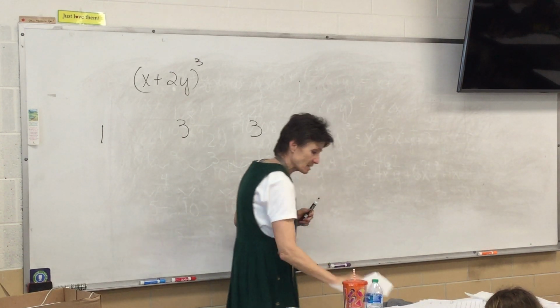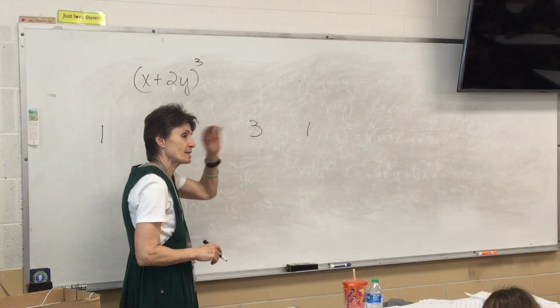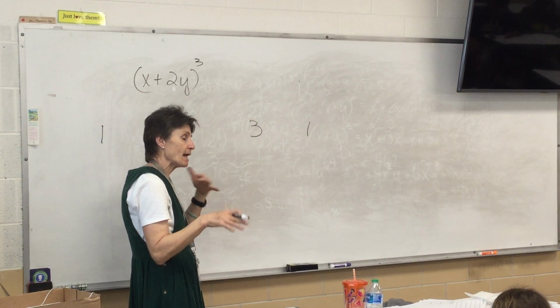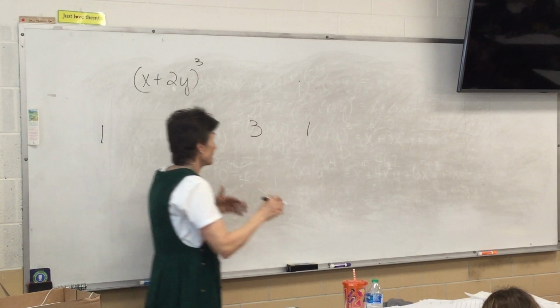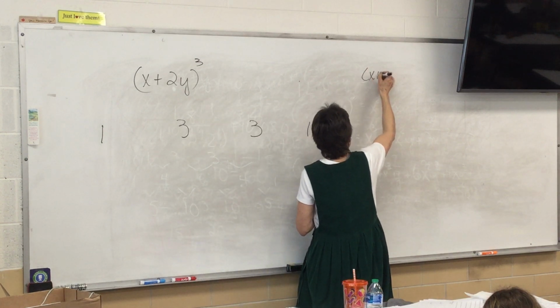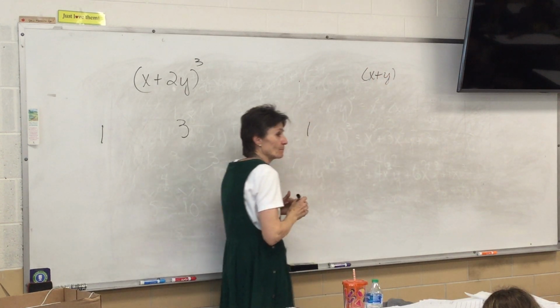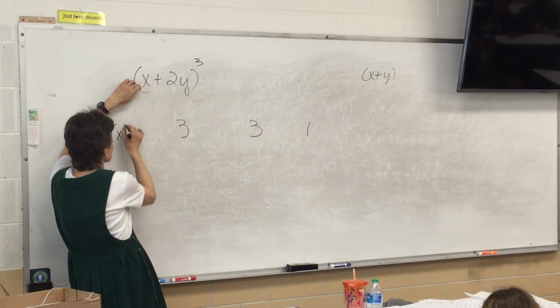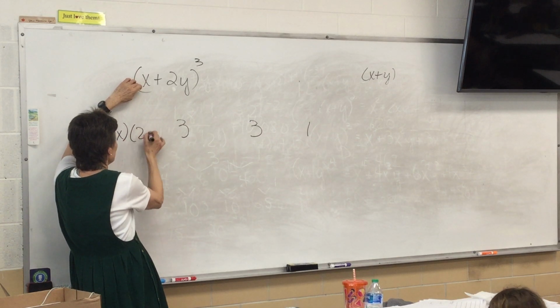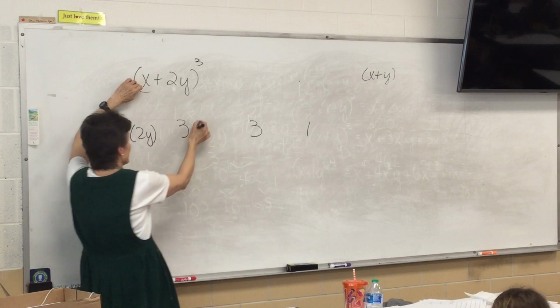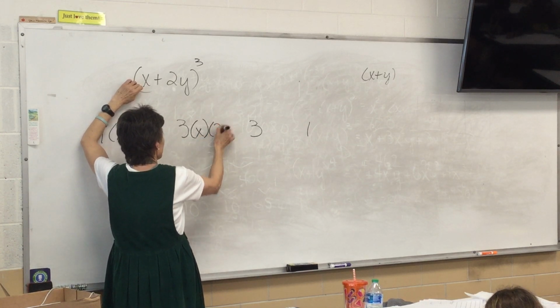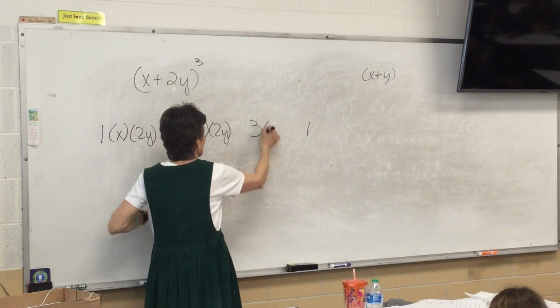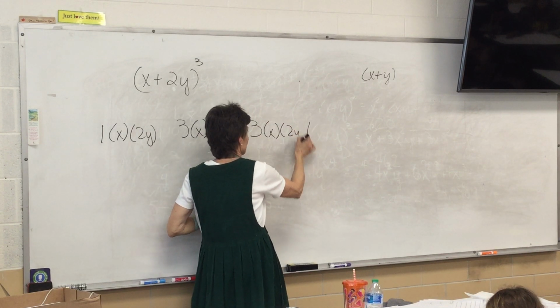Now in my last problem, the ones I just erased there, every term had an x and a y, because I was expanding x plus y. This time I'm expanding x and 2y. So x and 2y are my variables this time.